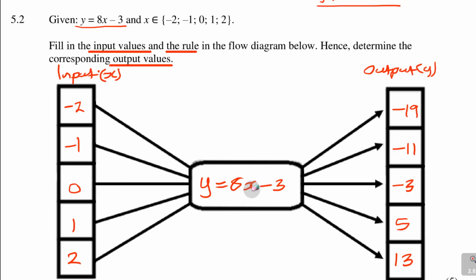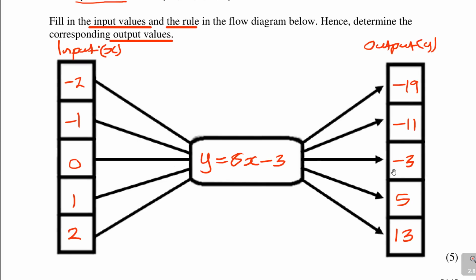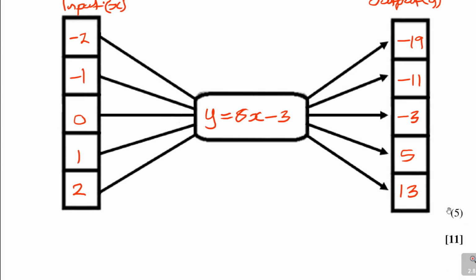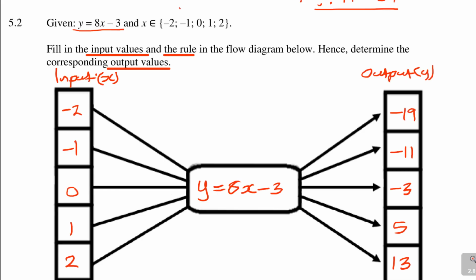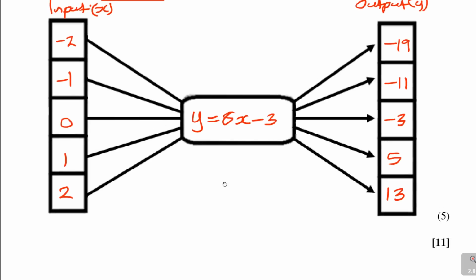And then 0, and then you put a 2, 16 minus 3, and then you put a 1. This is correct, so this is all they needed. But you can cross check again. You saw what I was using with the calculator. Guys, 5 marks. So always remember, input is always X, and then output is always Y. This is output. Alright, so don't get yourself confused on that one.